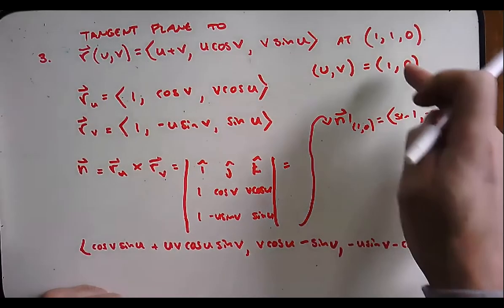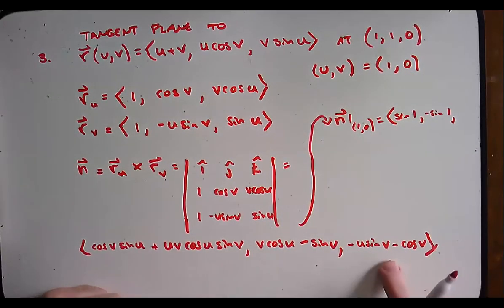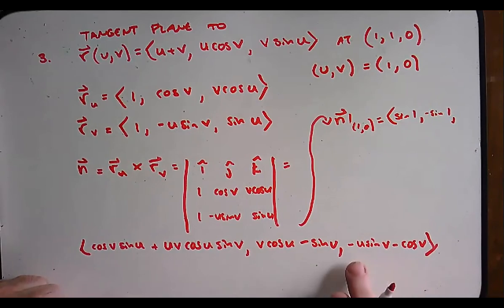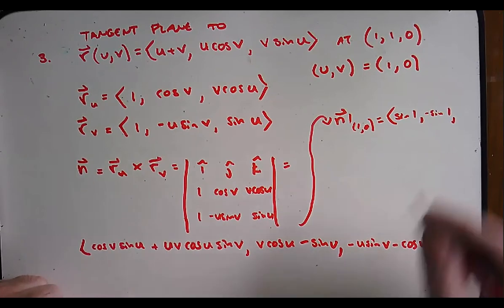So again, sine of 0 is 0, minus cosine of, is that cosine of u or cosine of v? I'll make sure I got this right. That should be cosine of v. Okay, so minus cosine of v. Well, cosine of v, that's cosine of 0, so that's 1, right? And then negative u sine v. Sine of v will be 0, though, so we'll have a negative 1 here.